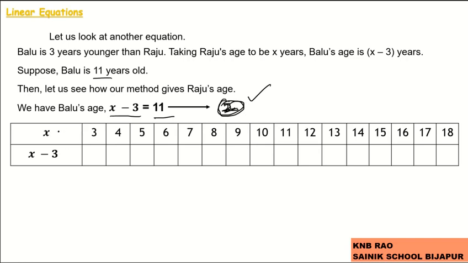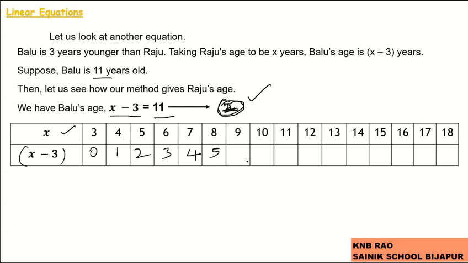I am considering various values for x, starting with x equal to 3, and I will find the value of x minus 3. If x equals 3, 3 minus 3 gives 0. If x equals 4, 4 minus 3 gives 1. If x equals 5, 5 minus 3 gives 2. If x is 6, 6 minus 3 gives 3. If x is 7, 7 minus 3 gives 4. If x equals 8, 8 minus 3 gives 5.